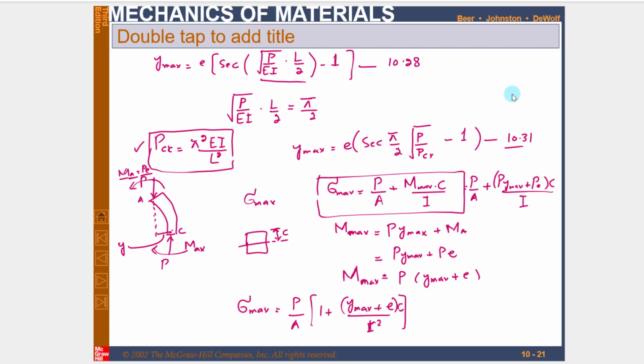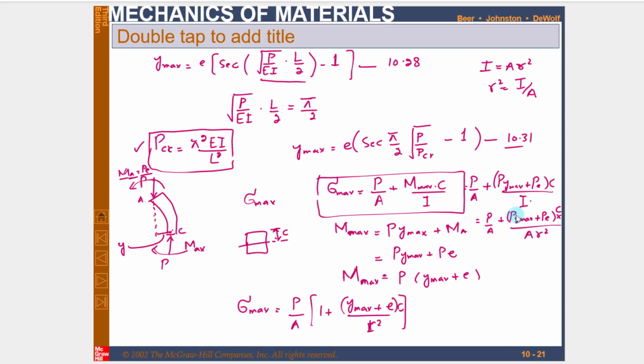Clear? Now, as we know, I is equal to A R square, so R square can be written as I by A. So here you can put I is equal to A R square, and write P by A plus P Y max plus P E into C divided by A R square.